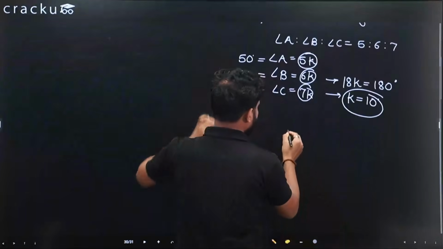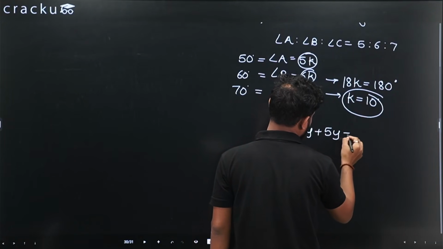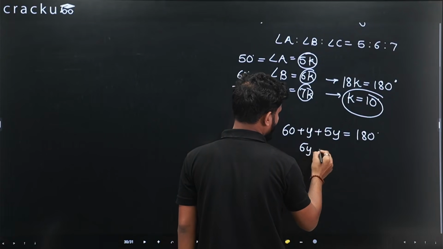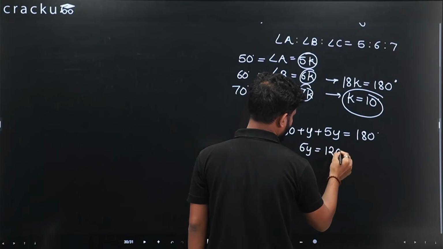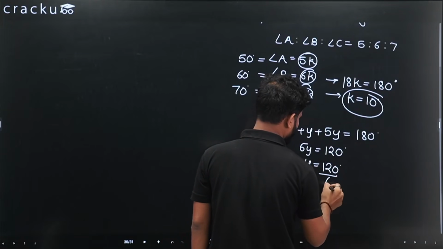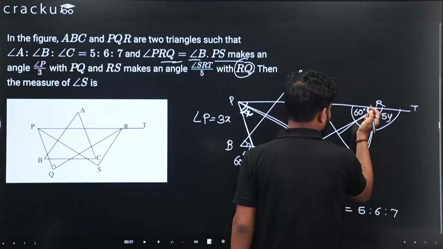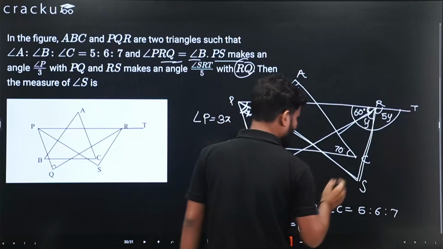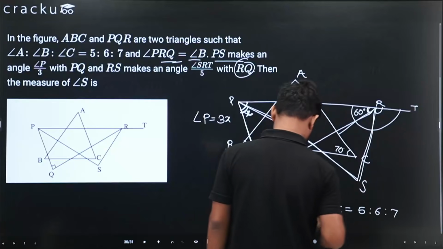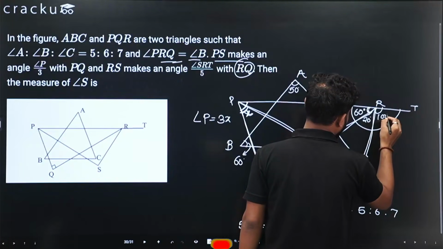So 6y is equal to 180 minus 60, which is 120 degree, or y is equal to 120 divided by 6, which is 20 degree. So y will be 20 degree. This is 20 degree. This will be 100 degree.